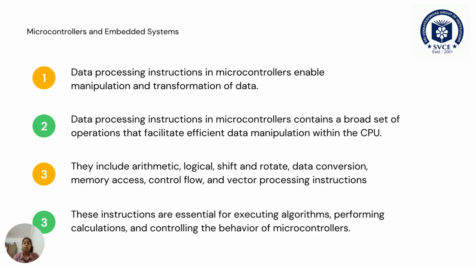They include arithmetic, logical, shift and rotate, data conversion, memory access, control flow, and vector processing instructions. These instructions are essential for executing algorithms, performing calculations, and controlling the behavior of microcontrollers.